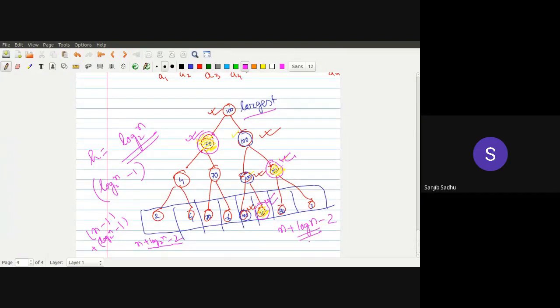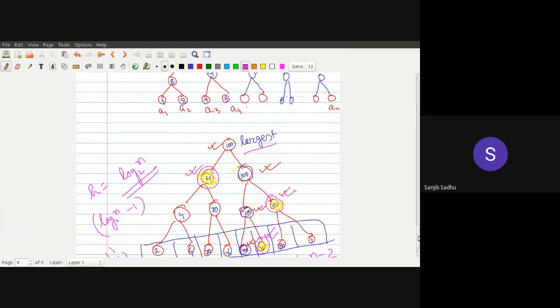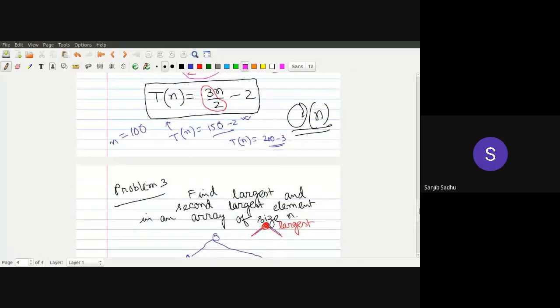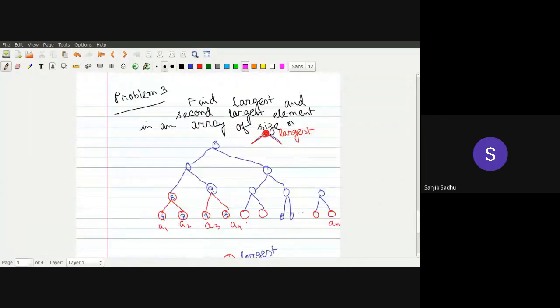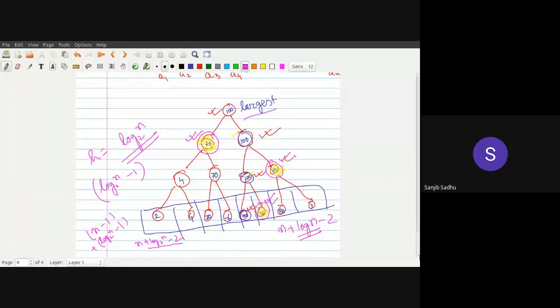So this log n is much faster than n by 2. Clear? So here I am not saying the time complexity is improved, but it is faster than the previous algorithm, because the time complexity is determined by the largest power. Largest means this n.